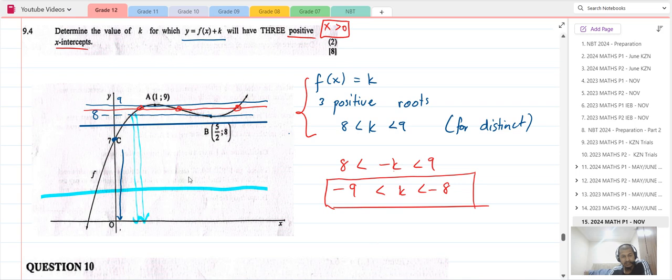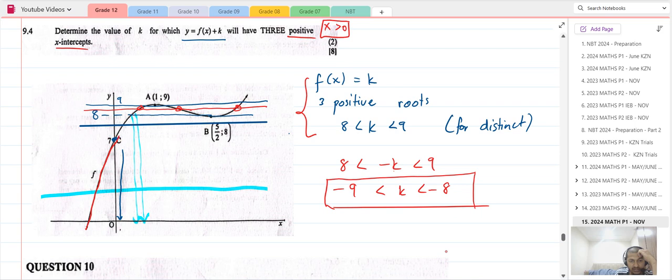At the moment we have only one negative root. If I shift this whole graph 8 units down, I should get positive roots. Okay, if I shift this entire graph, let's see.